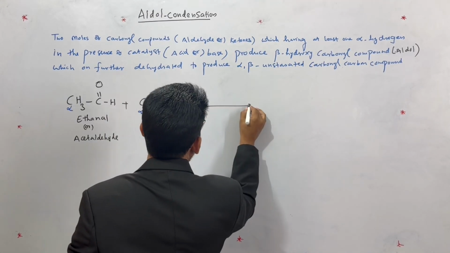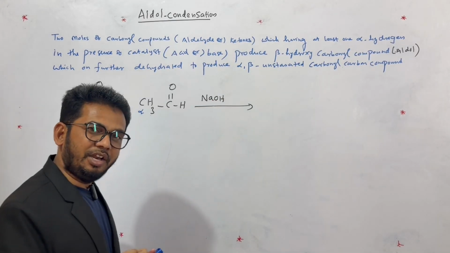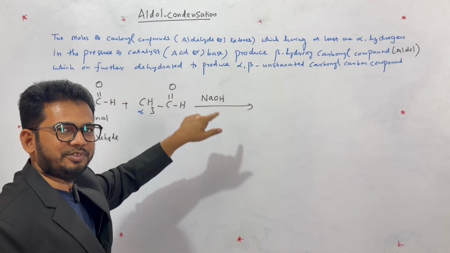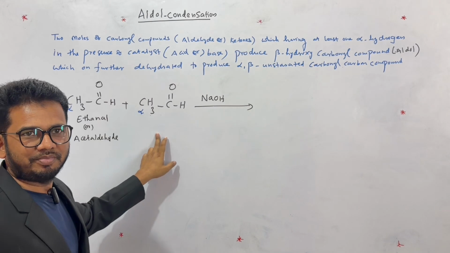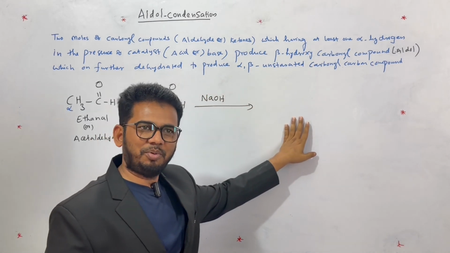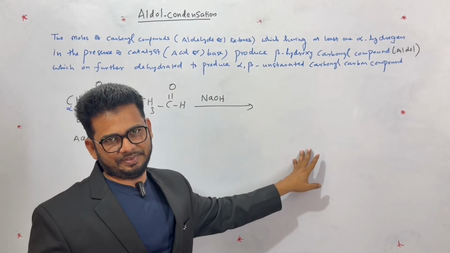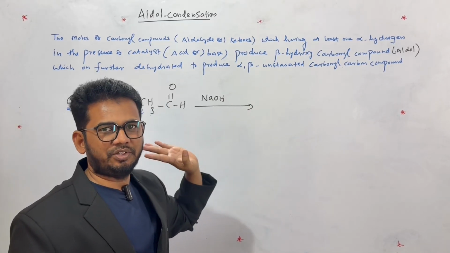In the presence of acid or base, I am using NaOH here, or you can use acid also. As I said, for base sensitive substances we use acids. With acids the mechanism varies a little, but the products are the same. The aldol product is produced, and alpha, beta unsaturated products are produced.